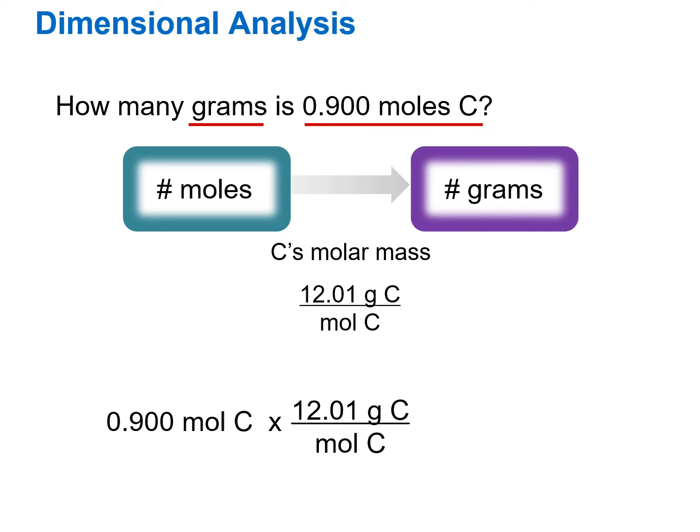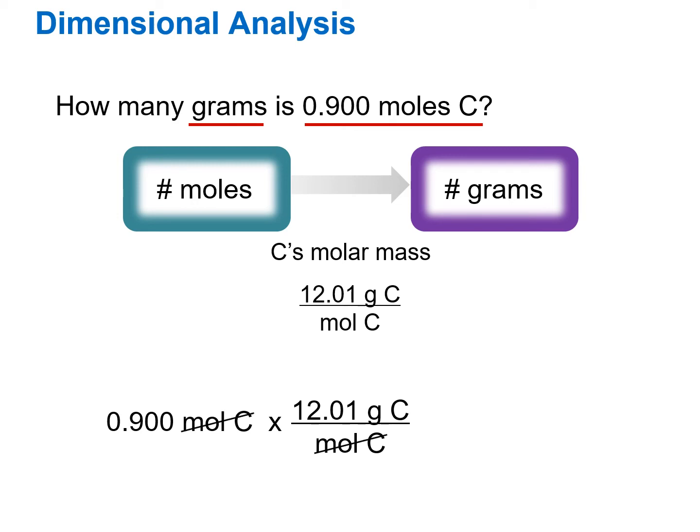Now, by setting it up this way, I have a repeating unit. Technically, that first number, 0.900 moles, is over a 1, which means that it is in the numerator. And the mole in my molar mass is in the denominator, so I have a repeating term and I can get rid of repeating terms.